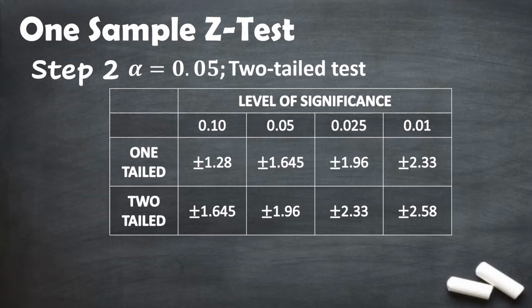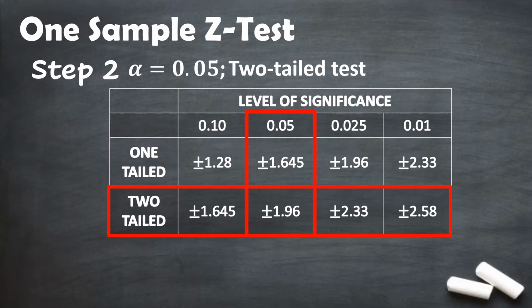Since we have alpha level or level of significance as 0.05, all you have to do is draw an imaginary vertical line passing through 0.05. And then since this is under a two-tail test, all you have to do is draw an imaginary horizontal line passing through two-tailed test. And the intersection of those two lines is the z-tabular for this given problem.